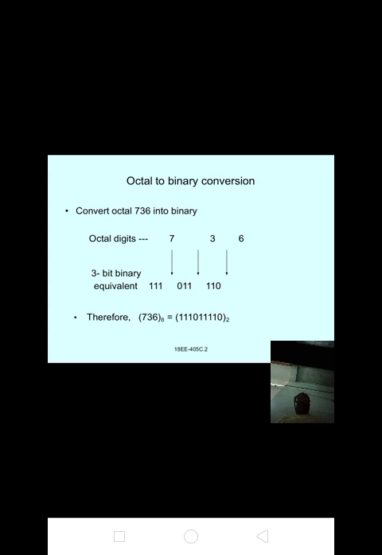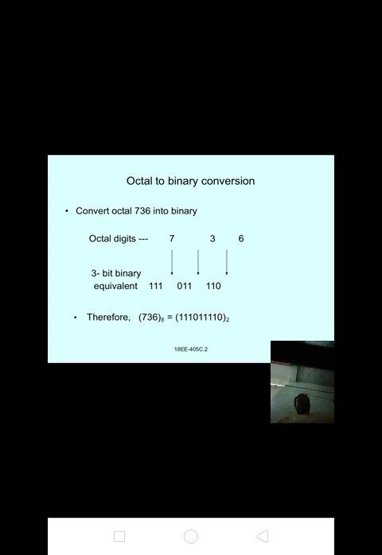Here I have given a simple example for your clarity. Convert octal 736 into binary. The octal digits given here are 736. We want to convert the octal digits into binary digits. The 3-bit binary equivalent for 7 is 111.